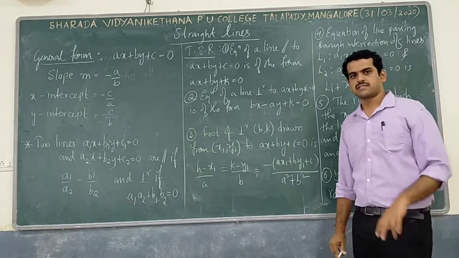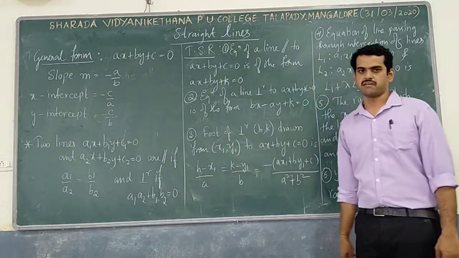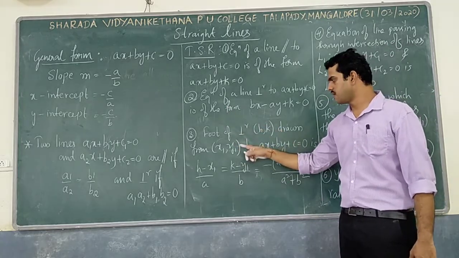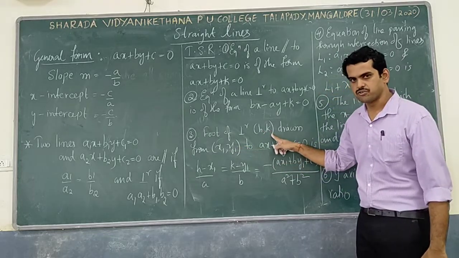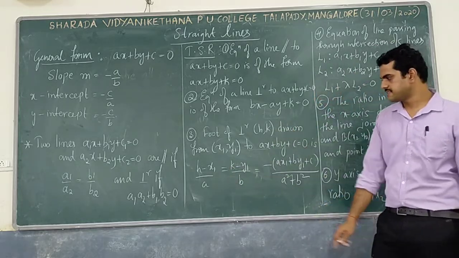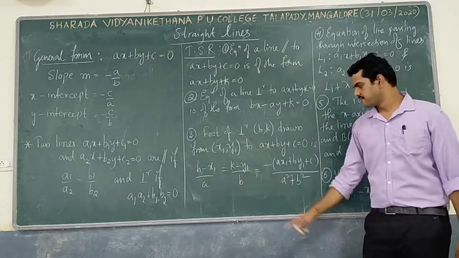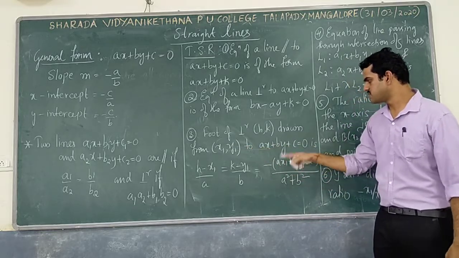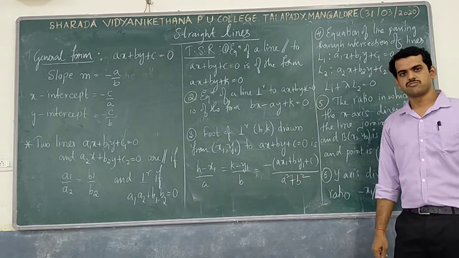And two direct results I would like to give here. One is, suppose you take any point (x1, y1), and let the foot of the perpendicular from this point to this line be (h, k). Then it can be obtained by considering this system of equations: (h - x1)/a = (k - y1)/b = -(a x1 + b y1 + c)/(a² + b²).